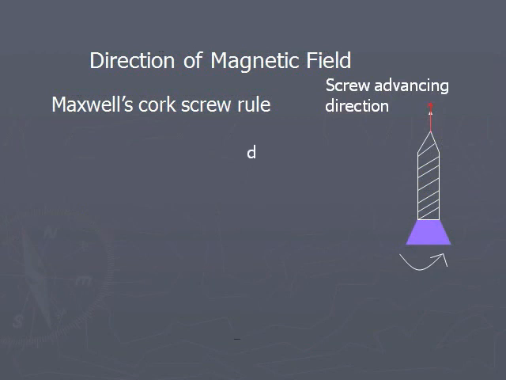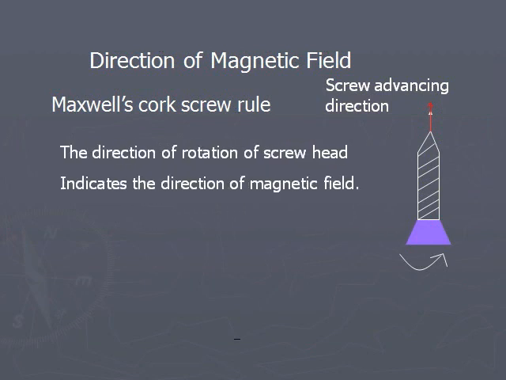If the screw is advancing in the direction of the current, then the right hand fingers will be rotated perpendicular to the direction of advancing in a circle, and the direction of rotation indicates the direction of magnetic field. This is one way of finding the direction of magnetic field.